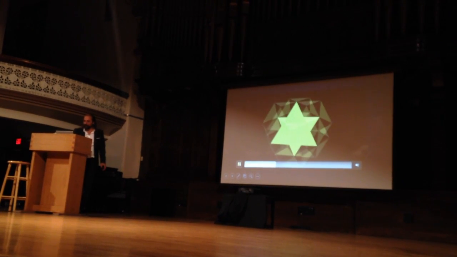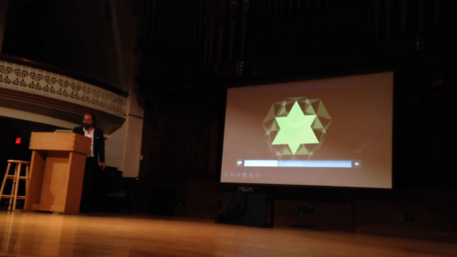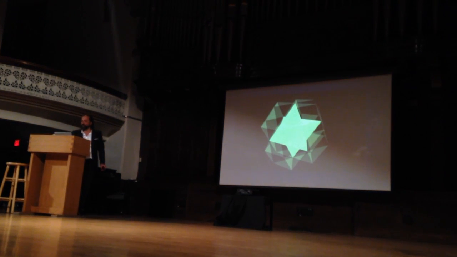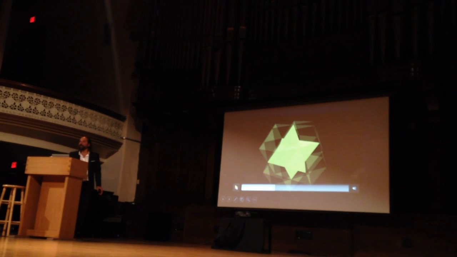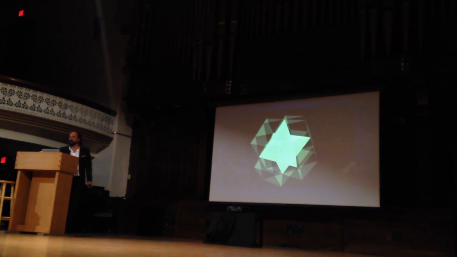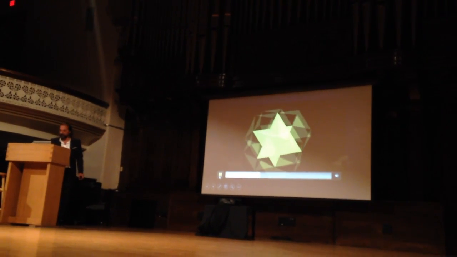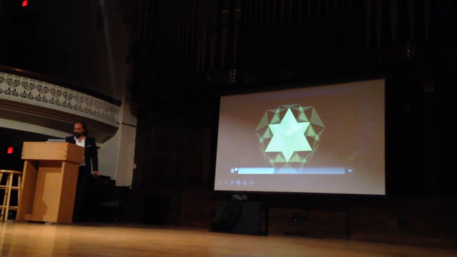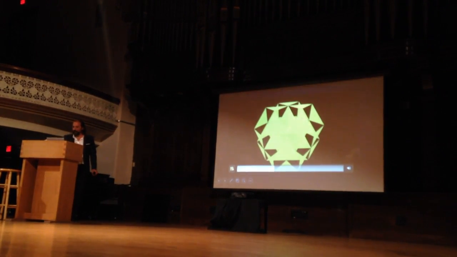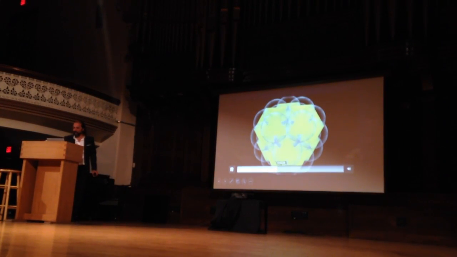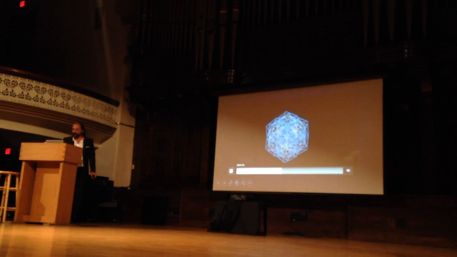So here's the Merkaba, the so-called vehicle of light that's described as the vehicle of light of the sun gods, like what they flew with. Control of gravity.